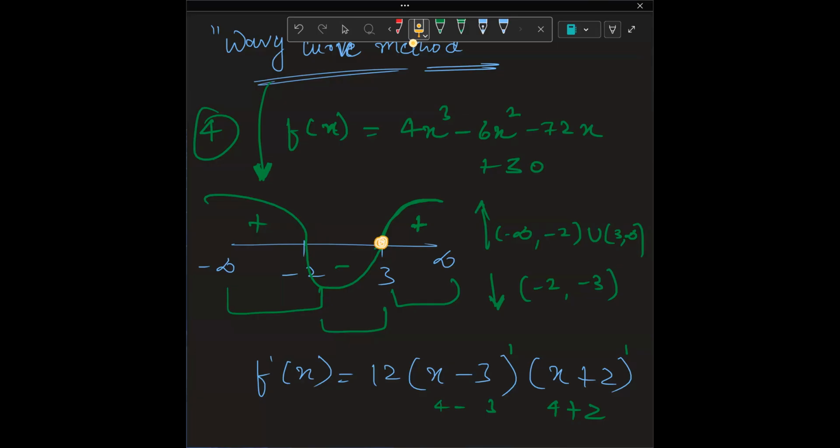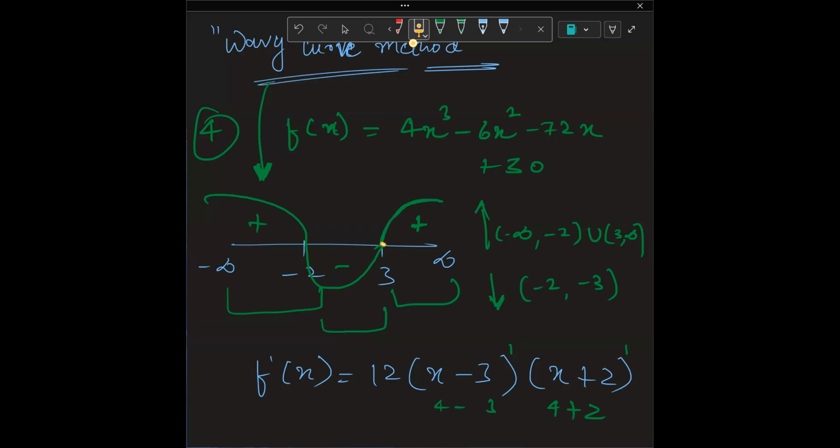Okay. So can you tell me, is this only increasing, or is this strictly increasing? That's only increasing, it's not strictly increasing. Oh, this part is strictly increasing.